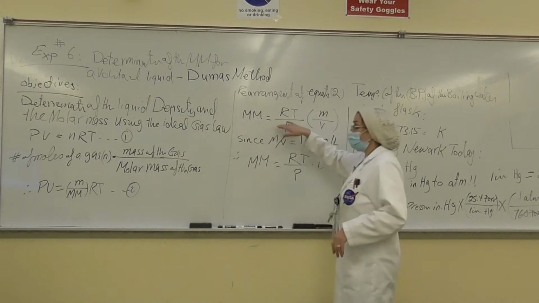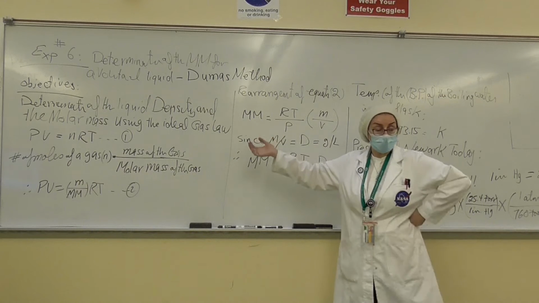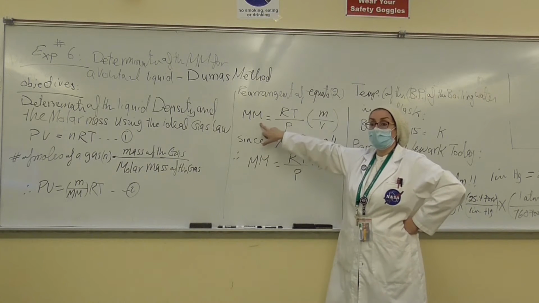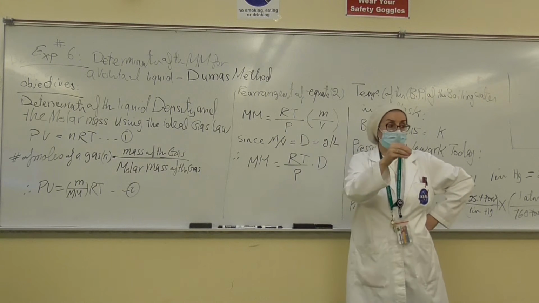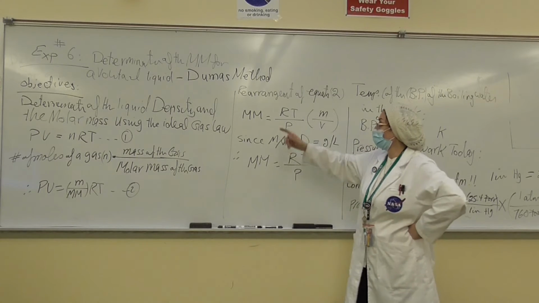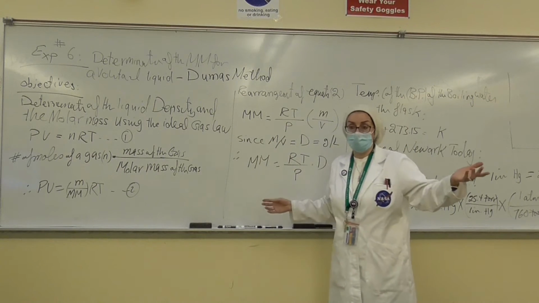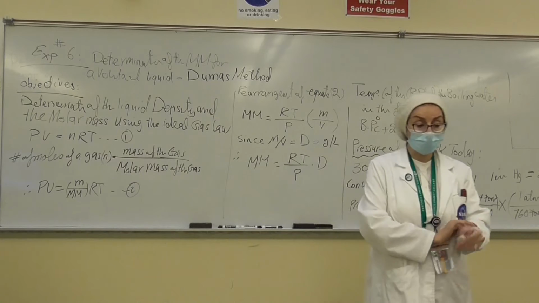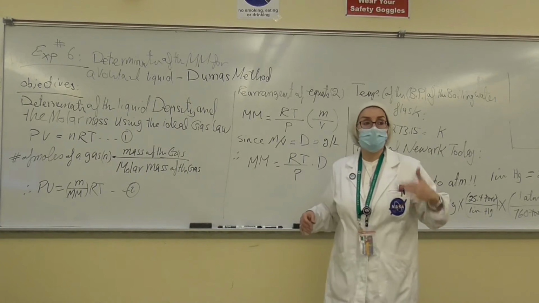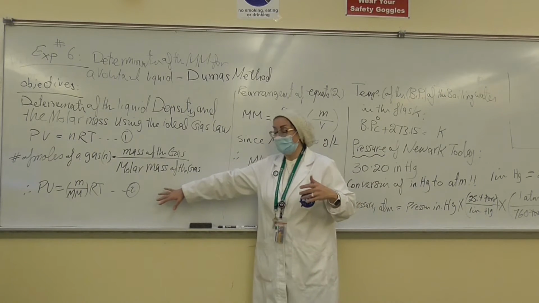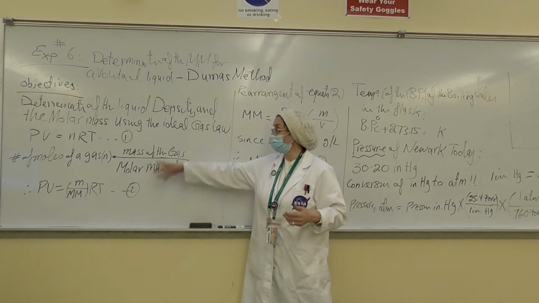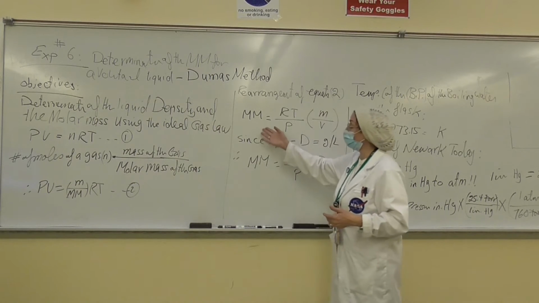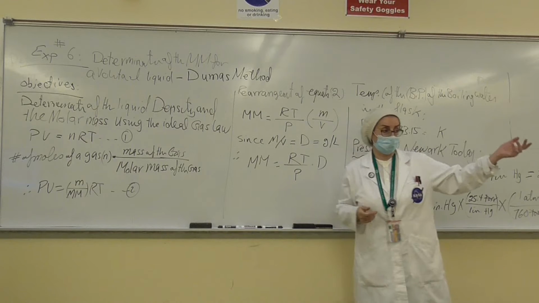Now, we can always rearrange this equation, so then we will have the possibility of calculating the molar mass of our compound. It could be unknown, could be given to us, but this is how we rearrange the ideal gas law so that we can solve for any unknown.